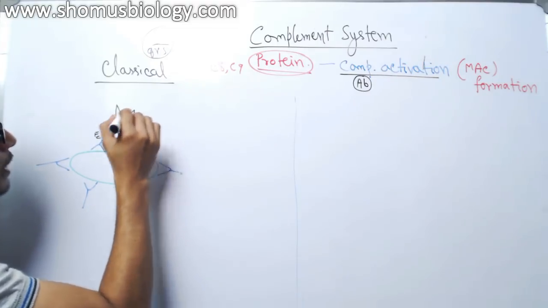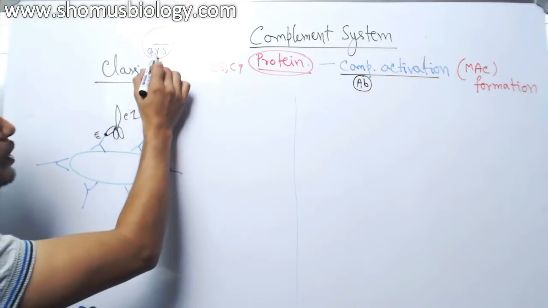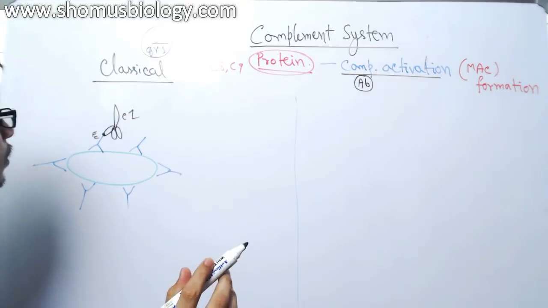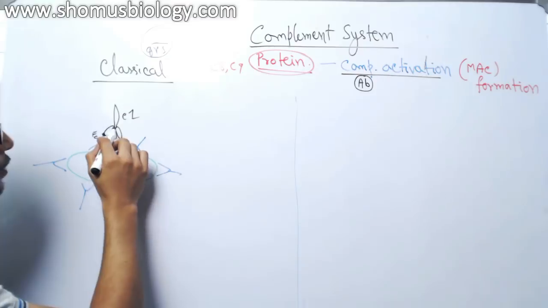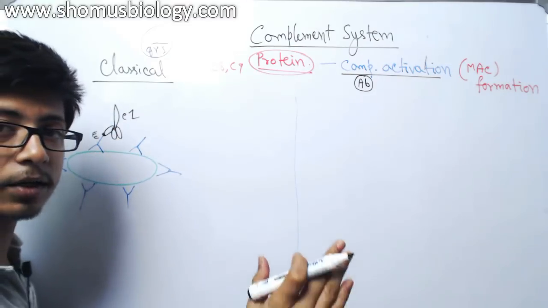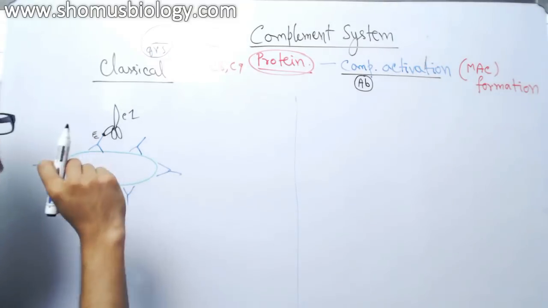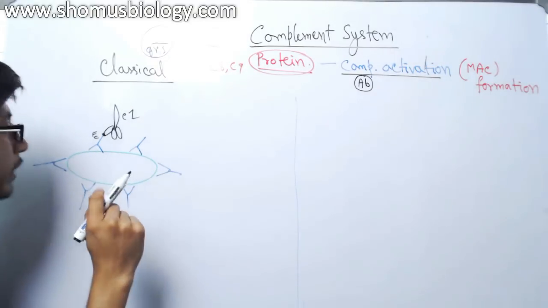After the attachment of C1, it recruits the second complement protein, C4.